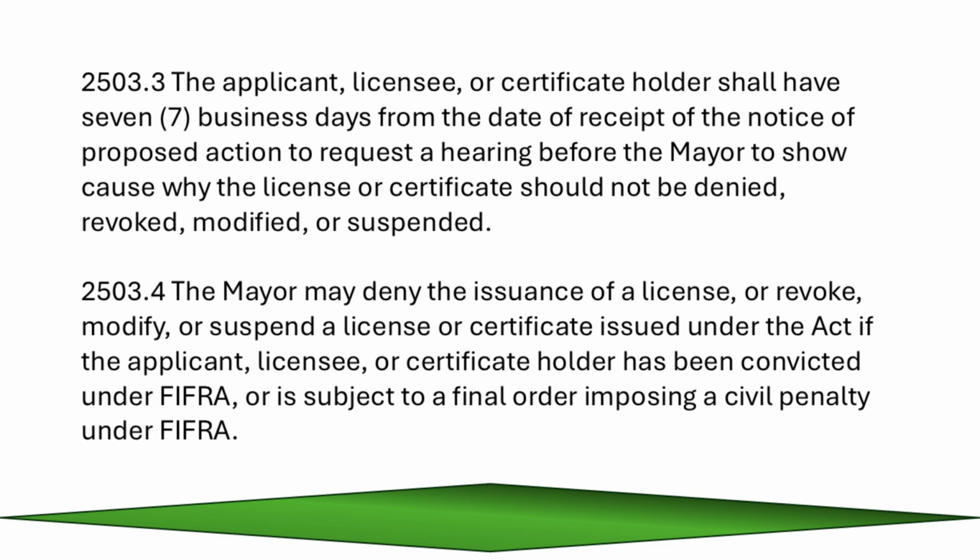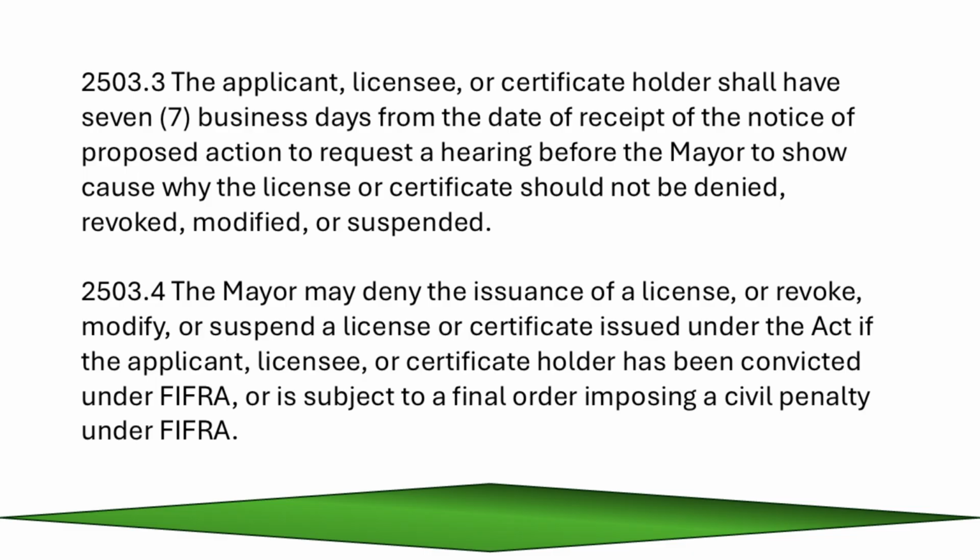The applicant, licensee, or certificate holder shall have 7 business days from the date of receipt of the notice of proposed action to request a hearing before the mayor to show cause why the license or certificate should not be denied, revoked, modified, or suspended.